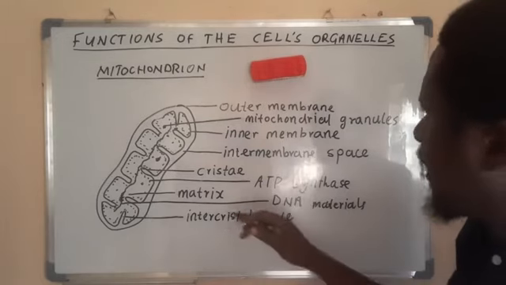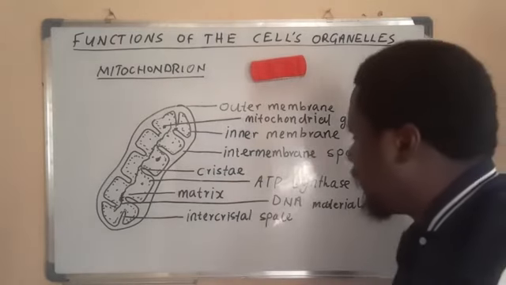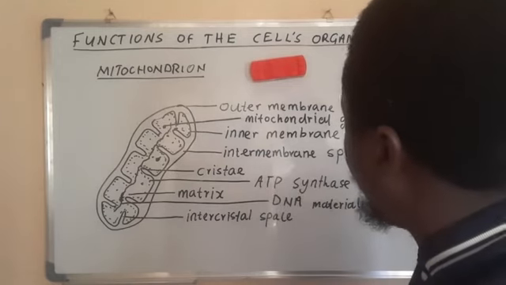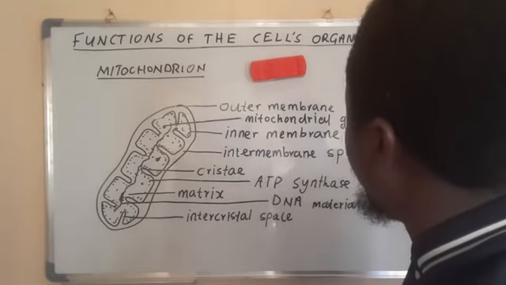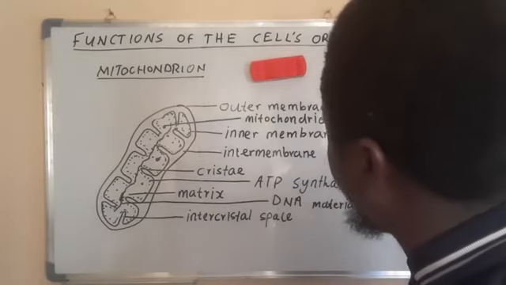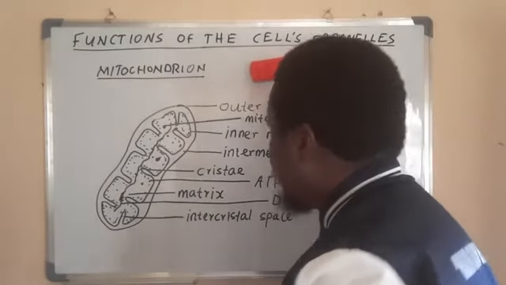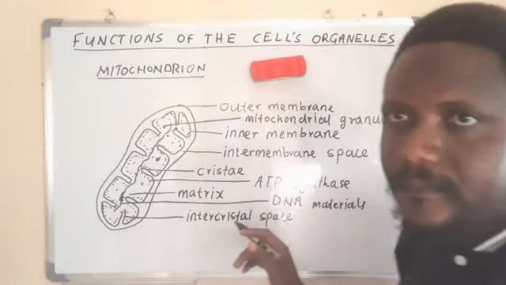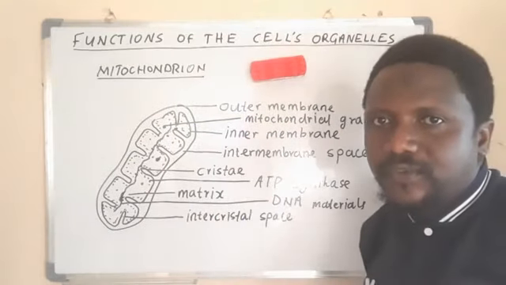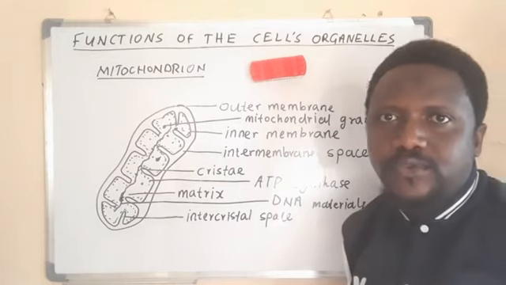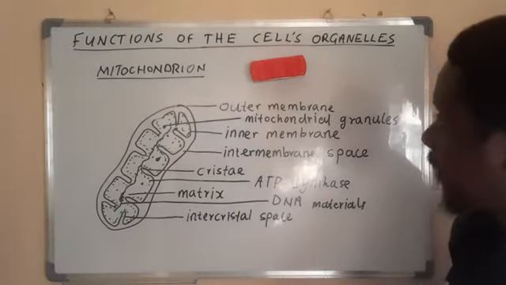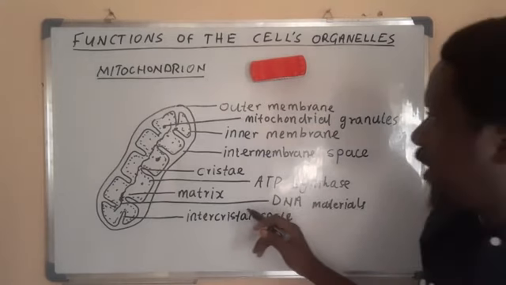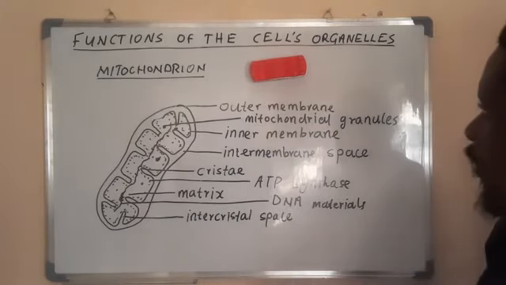Now we have described the structure, and what remains is the function of this organelle, the mitochondria, and its function is the production of energy. That is the function of mitochondria, to produce energy. And we are going to see how this organelle produces energy in the cell in the next video.